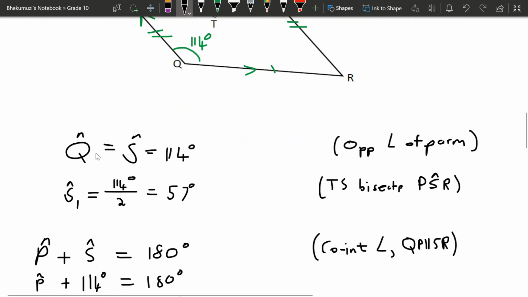So we first noticed that Q is equal to S, which is 114, which are opposite angles of a parallelogram, right, which are being equal. But then to get S1, we know that we just need to divide 114 by 2 to give us 57, because TS bisects PSR.